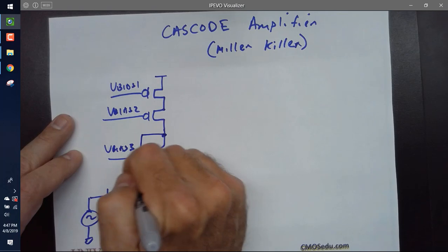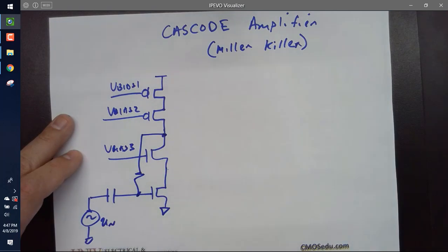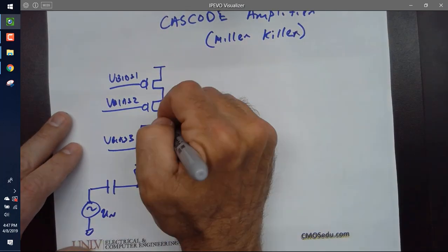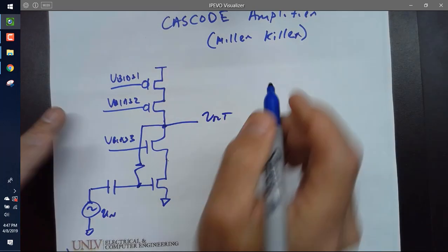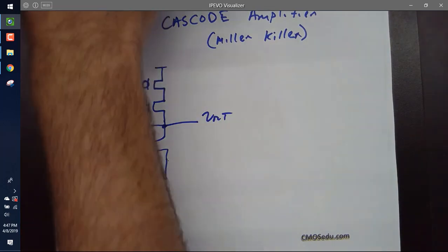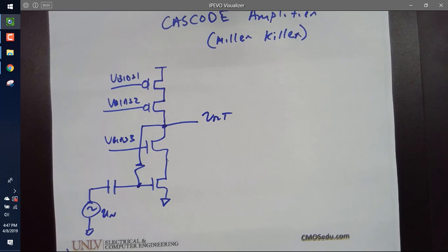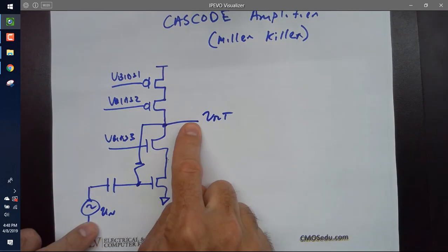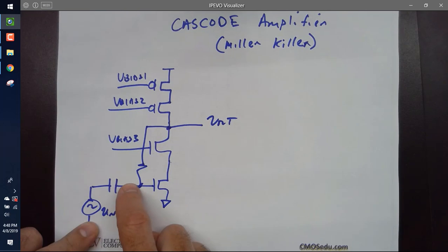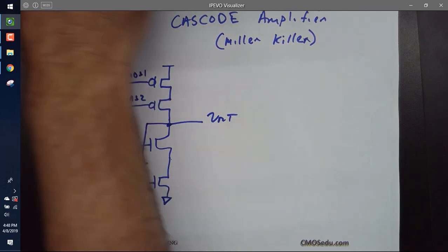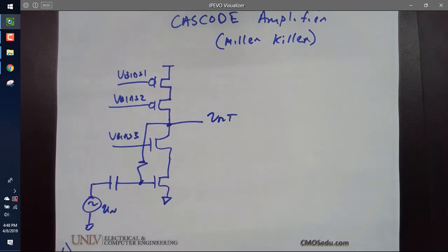Then I want this bottom one to sink the amount of current that's needed. And so I'm just going to calculate the gains. So if I were doing frequency response, this would be node 2, and this would be node 1. Okay?